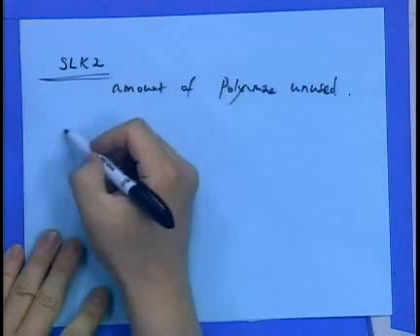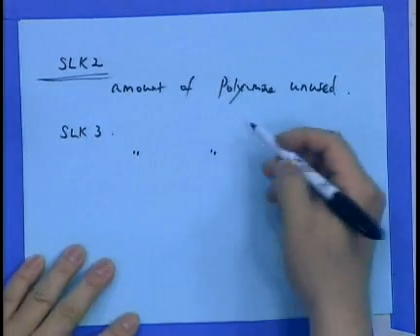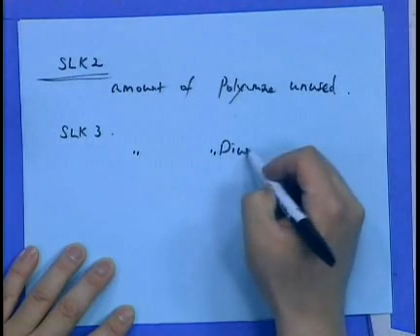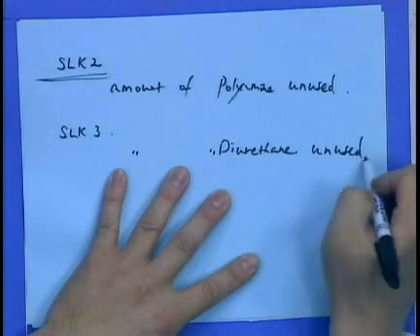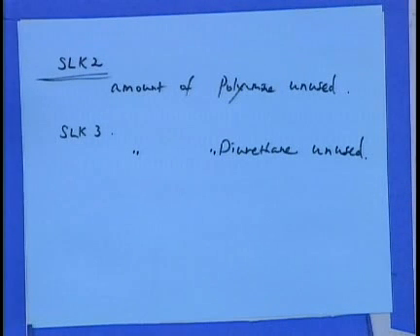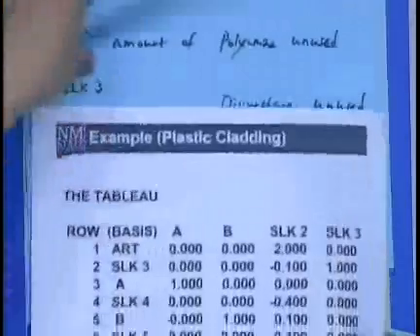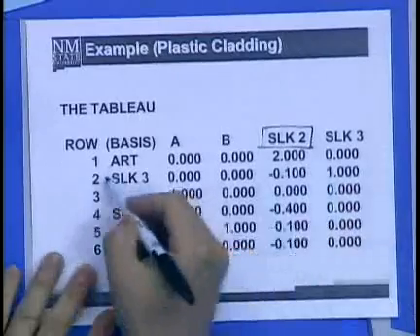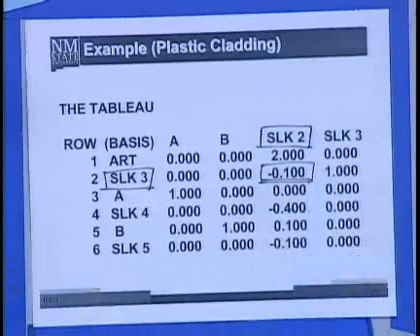What about slack number 3? That is the amount of diurethane unused. According to the substitution rate of slack 2, for slack number 3 it is negative 0.1.